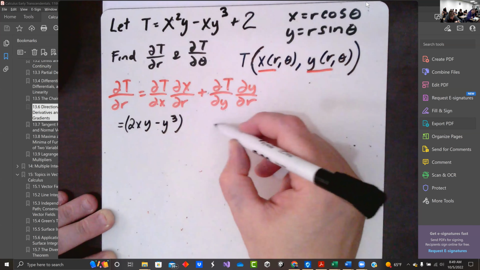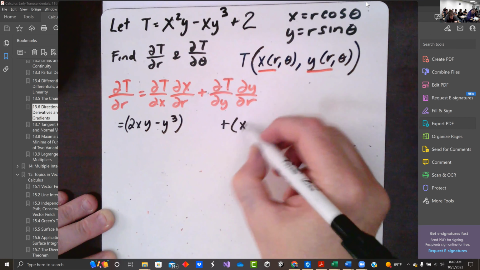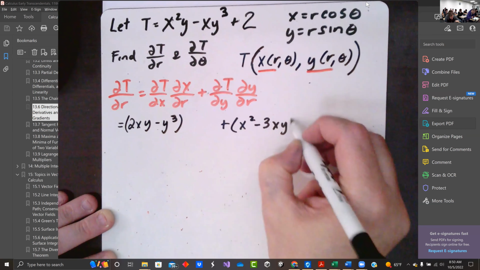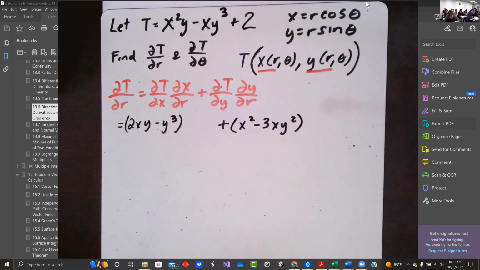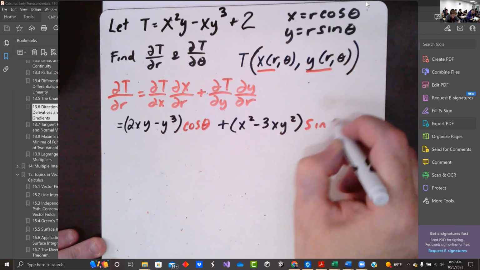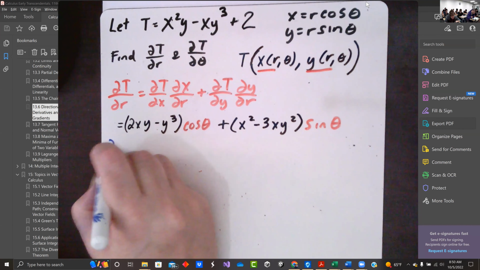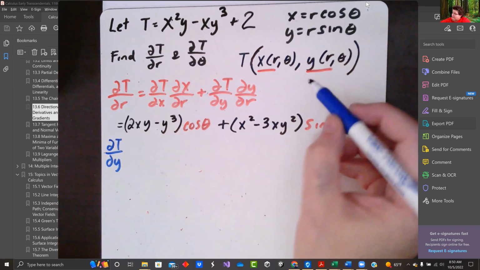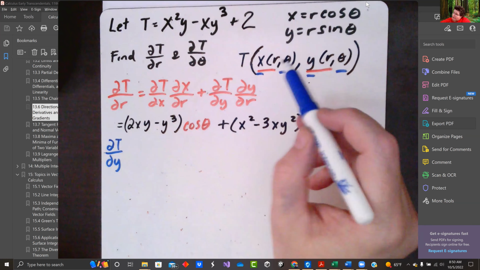These are dc over du and dc over dt. So now I'm doing x is a function of theta and y is a function of theta, so I've got to hit both.